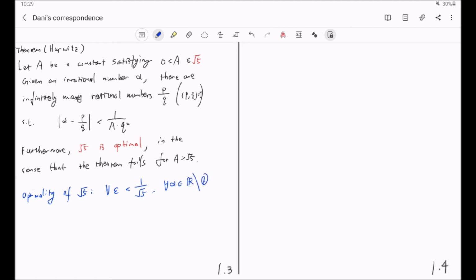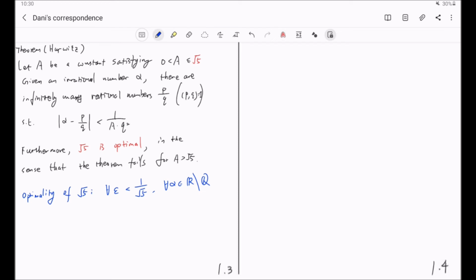So for any irrational number alpha and epsilon less than 1 over square root of 5, there are no longer infinitely many rational numbers p over q satisfying this inequality.